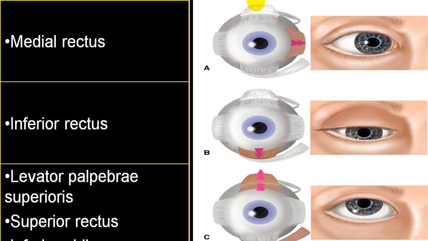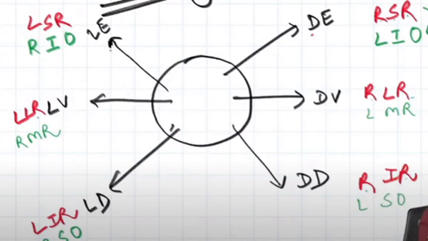Medial rectus will be pure adduction, inferior rectus will be downward movement, levator palpebrae superioris will be uplifting of the eyelid, superior rectus will be upward movement, and inferior oblique will also be upward movement. So we call different movements depending upon which muscles you are testing.